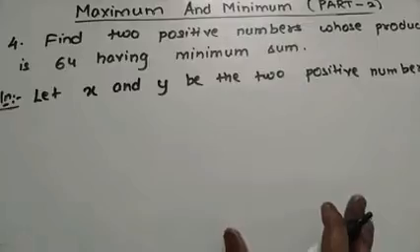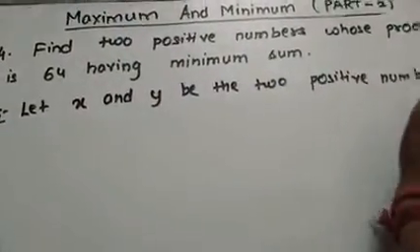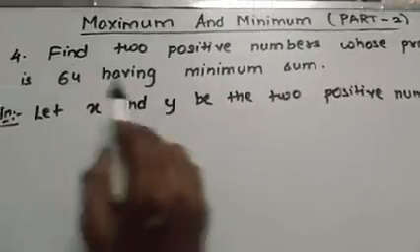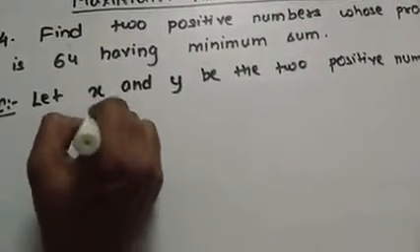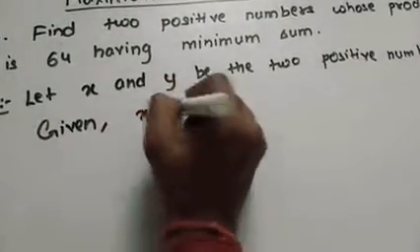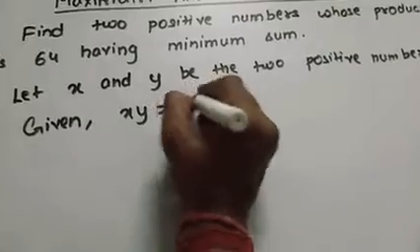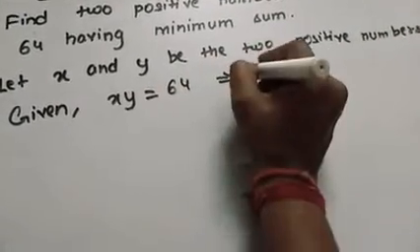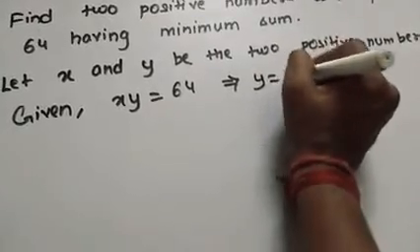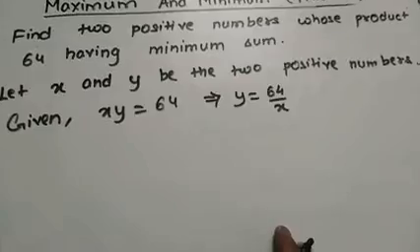The two positive numbers have a product x into y, and the product given to you is 64. So x into y equals 64. From here, y equals 64 by x.